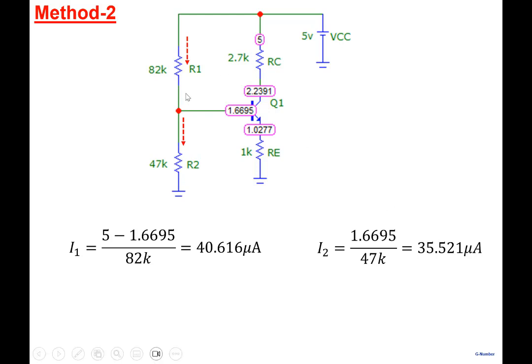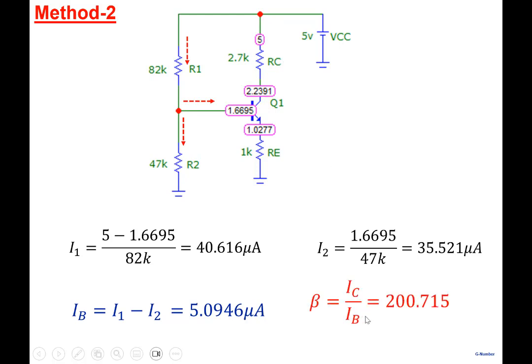Then I take the difference between I1 and I2 to get the base current. I know the collector current, 5 minus 2.2 divided by RC. I take the ratio and I get beta, which is 200.715. This is very close to the ideal value of 200, so the method seems to work fine. Both methods are working fine.